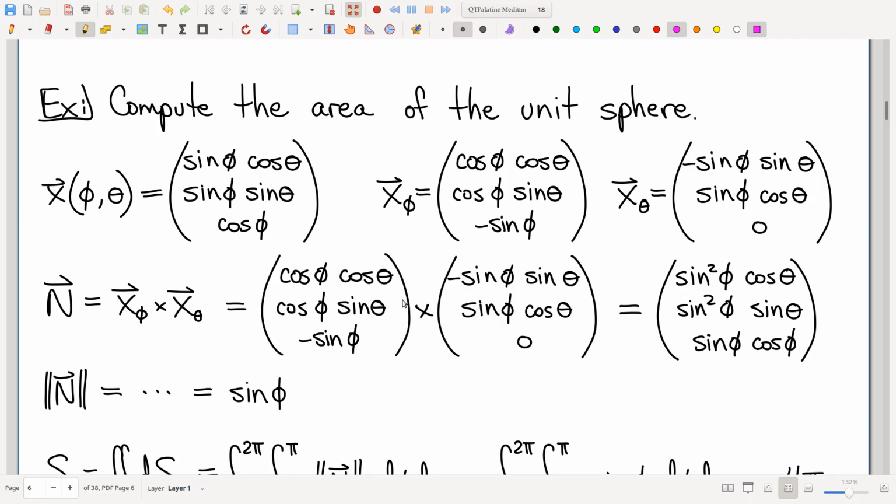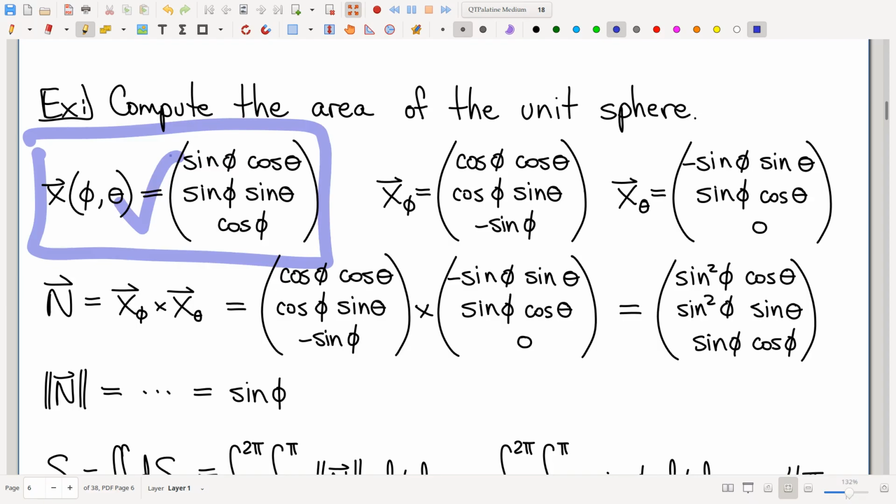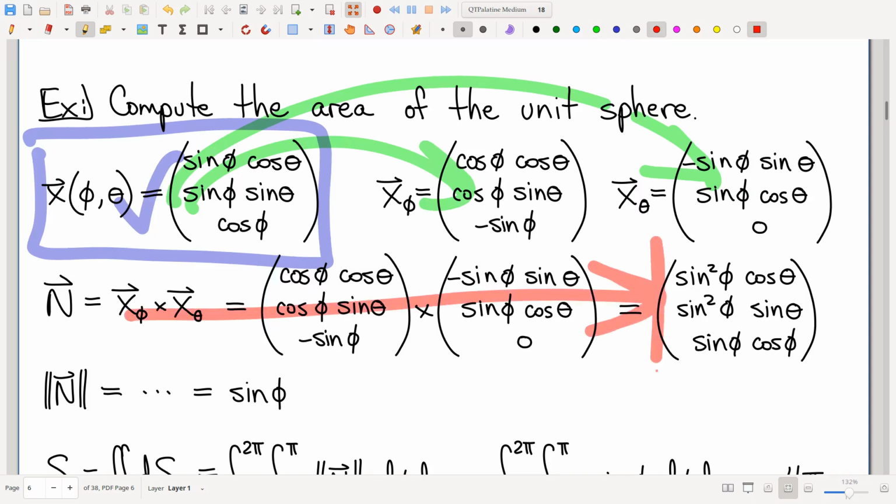And of course, once you have your parameterization, which we've already talked about, that's the unit sphere parameterization, well, you know how to take partial derivatives. Make sure you can do that. You know how to take a cross product. And you know how to compute a magnitude.